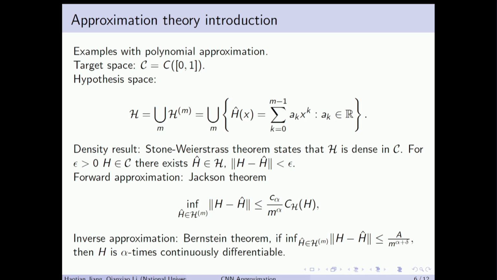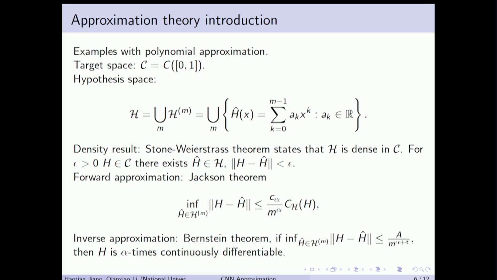So for an alpha-times continuously differentiable function, the error bound cannot decrease faster than m to the power of minus alpha. Okay, so this is basically the general idea of approximation theory, and we want to apply this to machine learning and sequence modeling, and see how different sequence modeling architectures have these kinds of rates.